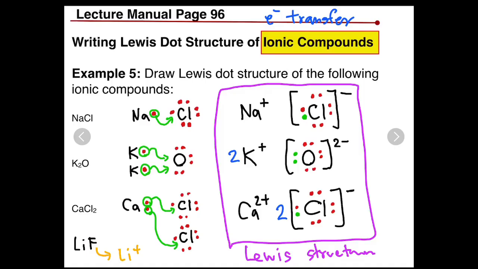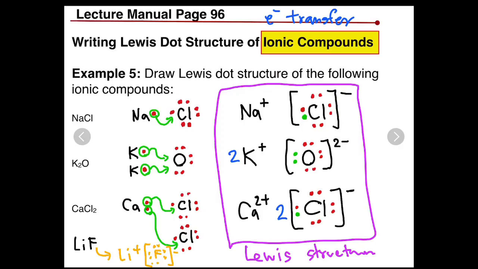And because fluorine is the one that accepts the electron, the fluoride ion would contain 8 electrons total. So you can go ahead and draw those 8 electrons right away, and that would represent the Lewis structure. So again, you don't need to do this analysis. You can just write the Lewis structure of the ionic compound right away.